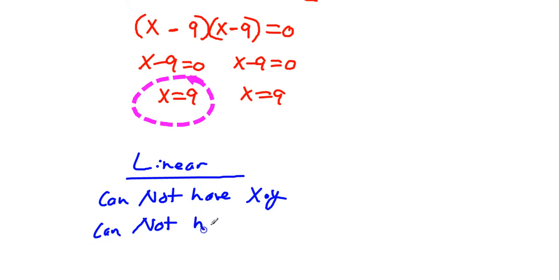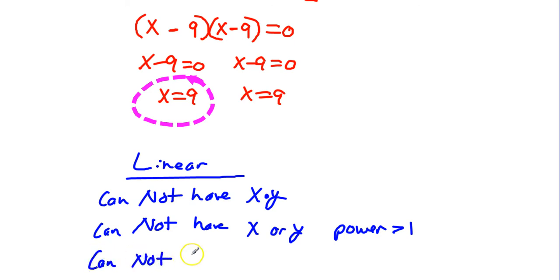You cannot have x to a power or y to a power that's greater than 1. And you cannot have x or y in the denominator. Anything else, you're okay. If any one of those three things pops up, it's not linear when you're going through that.